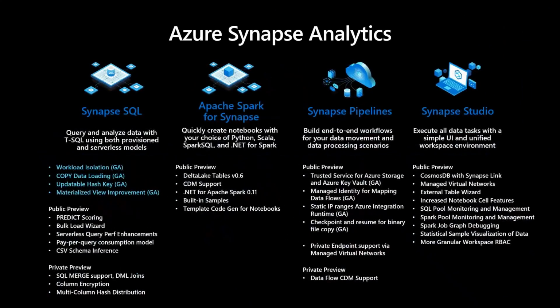At Build, we've launched a lot of new features, aside from just public previewing the service. I don't have time to cover all of them here, but I will talk just about a few of them quickly. One of the critical features for running enterprise data warehouses at scale is workload isolation, the ability to guarantee resource reservations within a compute cluster so that multiple different teams can work over the data without getting in each other's way.